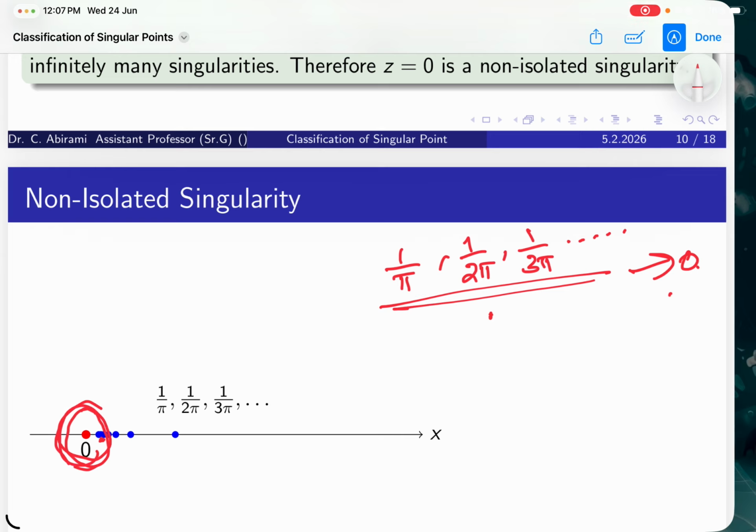It contains at least some singular point other than 0. Am I correct or not? 1 by pi, and so on. You can plot the points on the real line, then you can easily understand the concept. The neighborhood contains singular points other than z is equal to 0. Therefore, z is equal to 0, we can call it a non-isolated singular point. Can you understand the concept? Yes, okay.